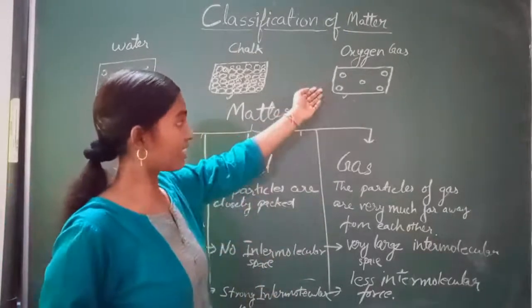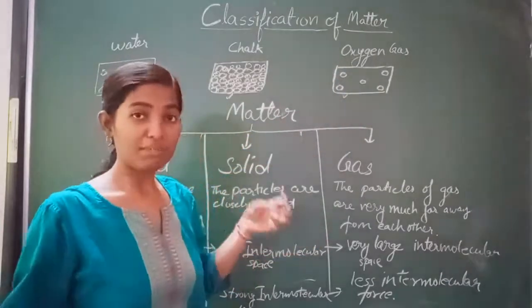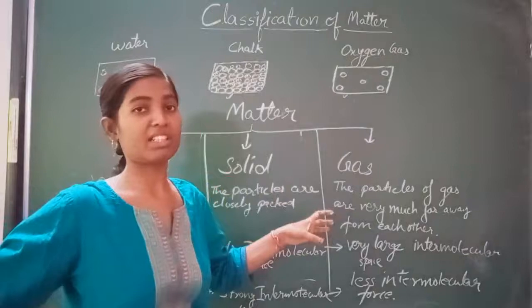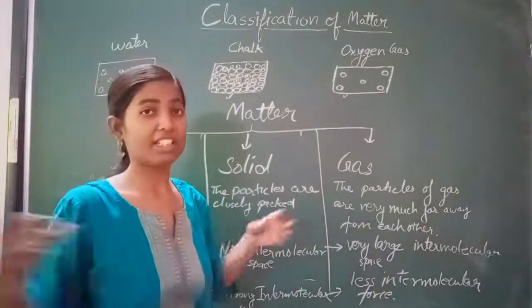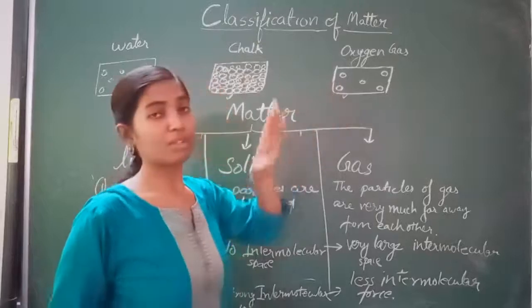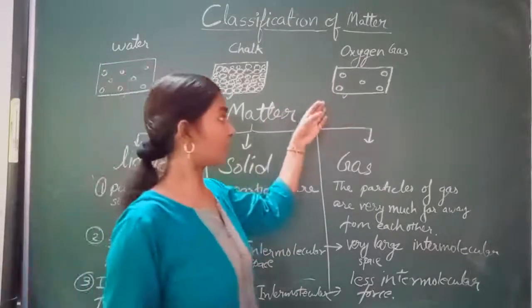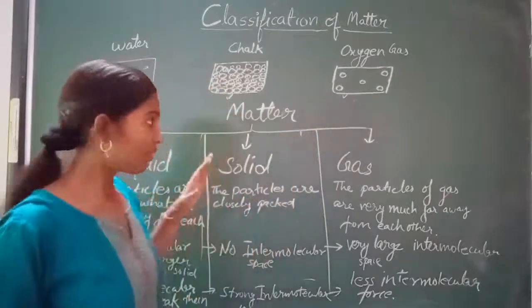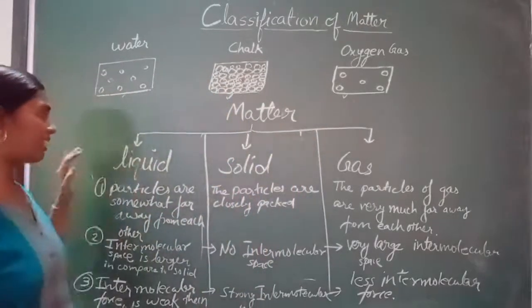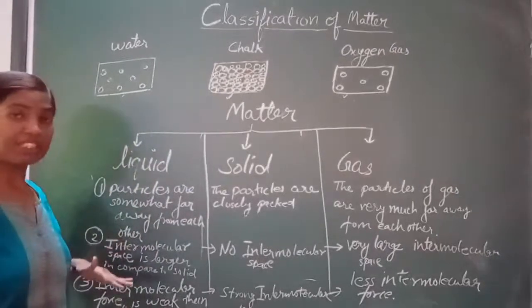That means in gases the intermolecular space is very large. When they are far away, they cannot hold each other together. That's why the intermolecular force of attraction is very less. So this is all about matter divided into solid, liquid, gas. First of all note this down, then we will see the next topic.